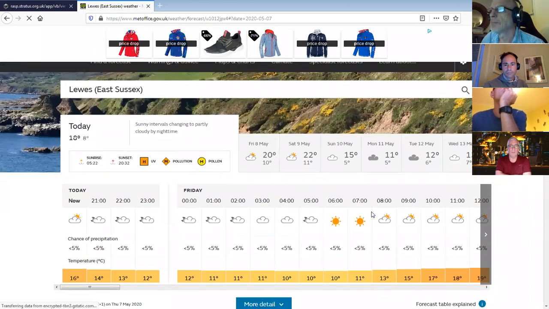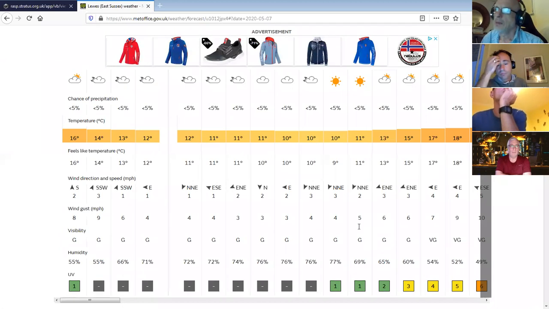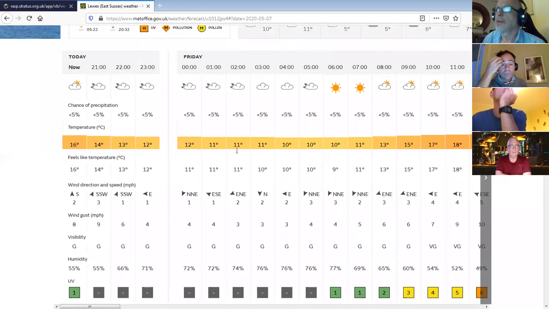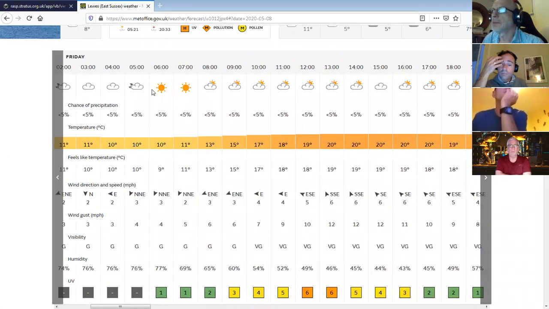And so here, if we look at tomorrow, we're seeing the forecast: sunny in the morning, starting to cloud over, so partially cloudy. We've got light north-easterlies going east, east-south-easterly, going south-southeast.